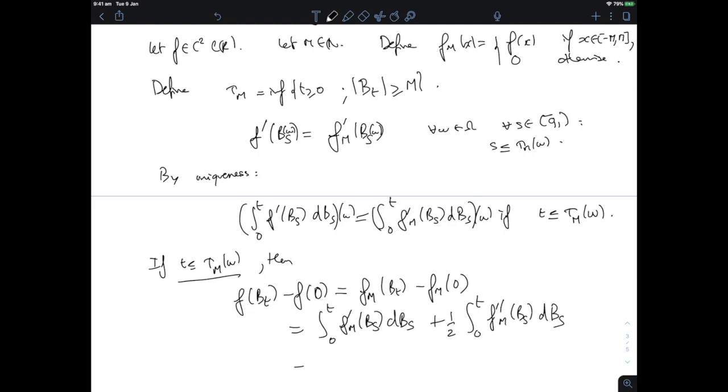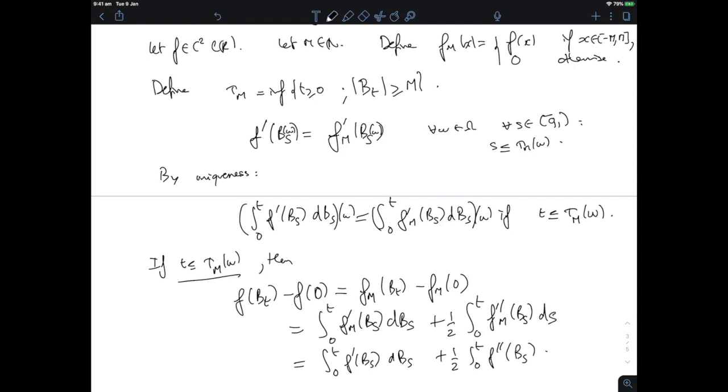But we've just seen by uniqueness that this is the same as the integral of f'(B_s) dB_s, and of course f'' and f_m'', again, if t is smaller than tau_m, has to be the same. So this is f''(B_s), sorry, that's not dB_s here, that's ds.